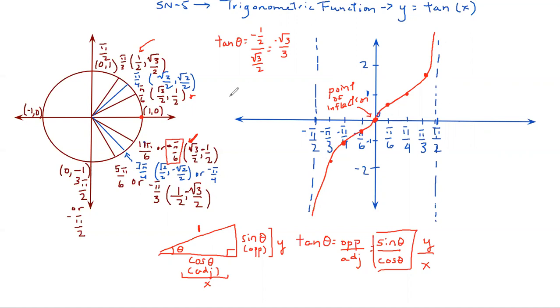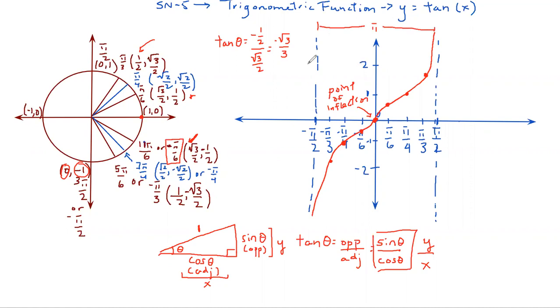Now, if you'll notice a couple of the properties here, we know that there are two asymptotes. And to figure out the second asymptote, of course, I go to 3 pi over 2 or negative pi over 2. And I end up with the same situation where I take negative 1 and I divide it by 0, at which point it's still an infinite solution. So this is why one tan cycle lasts pi distance.